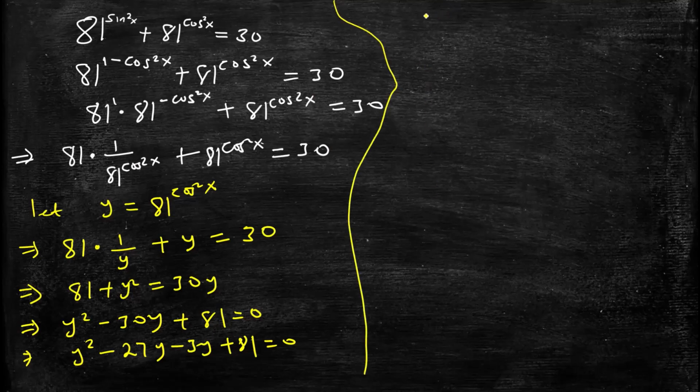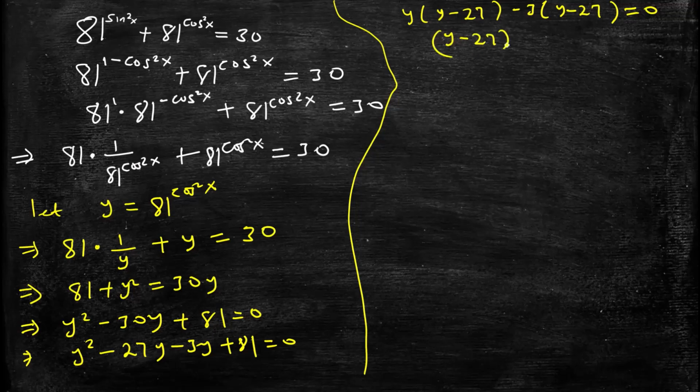Taking y out, y minus 27, and taking minus 3 out, y minus 27 equals 0. So we have y minus 27 in common, and the other factor y minus 3 equals 0. So the answer for y is 27 or 3.